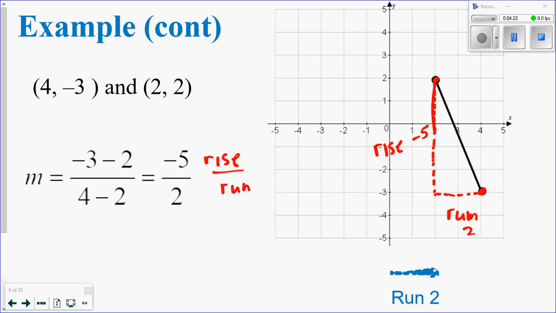So down 5 over 2. Keep in mind that whatever point you choose, like I could have started at this point here, and you rise 5 and go backwards 2. So this would be a rise of +5 and backwards 2. But no matter what, you have a negative in there, which is going to make it point to the left.